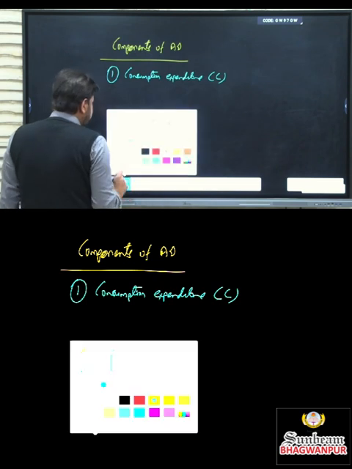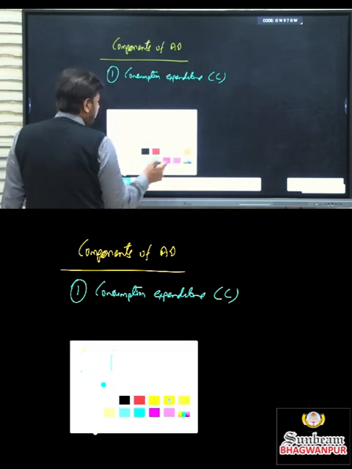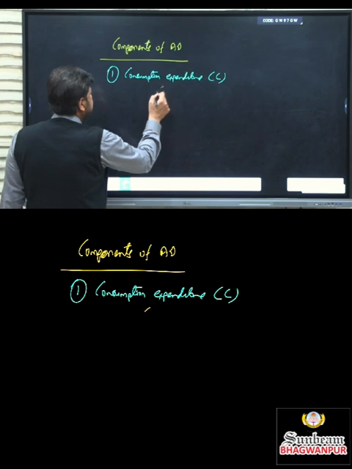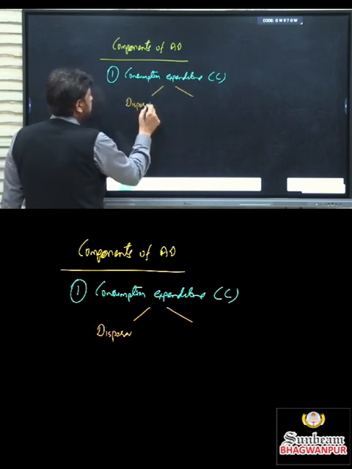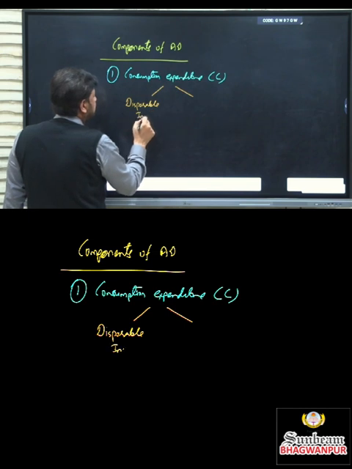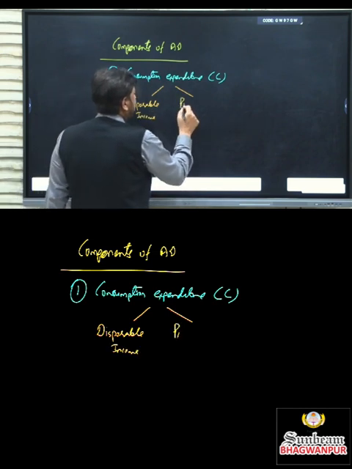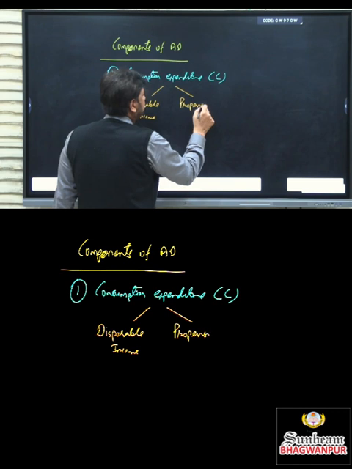It basically depends on 2 important components, that is disposable income and propensity to consume.